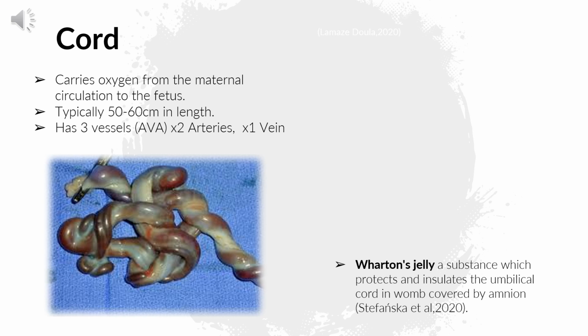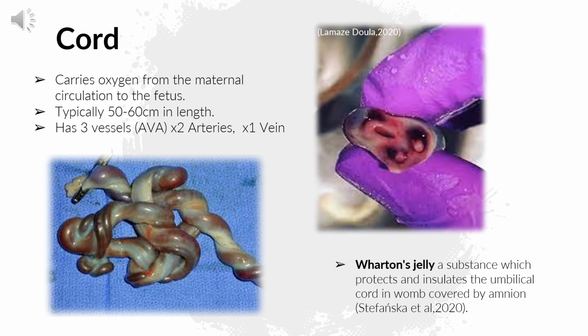For those that are still here, we'll be discussing the cord. It carries oxygen from the maternal circulation to the fetal circulation. It has 3 vessels to do this effectively, and a way to remember this is AVA. You will see 2 arteries and 1 vein. The vein has the big role of transporting oxygenated blood from the maternal circulation to the fetal circulation.